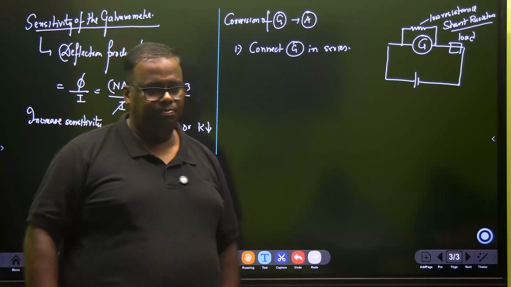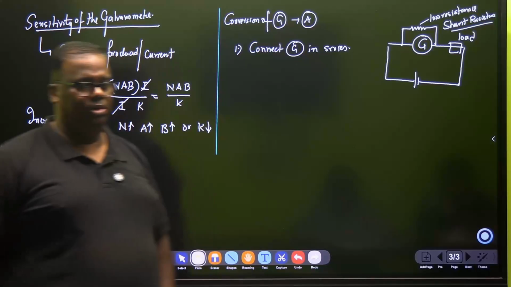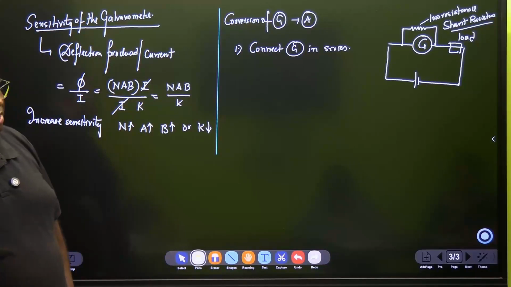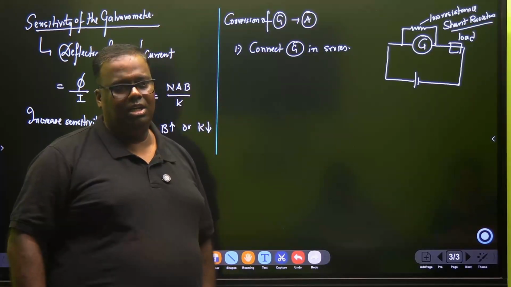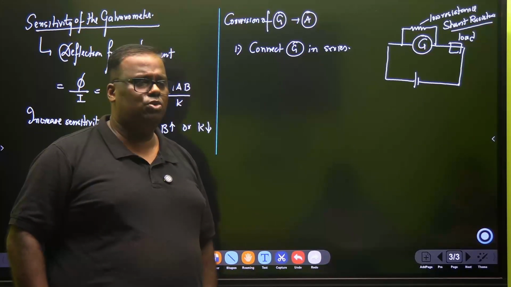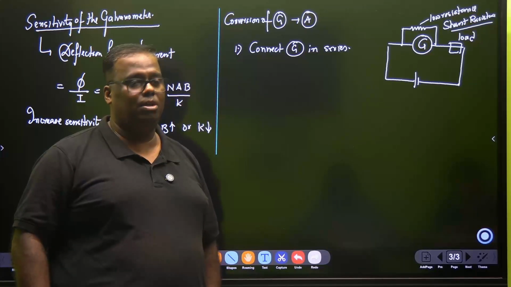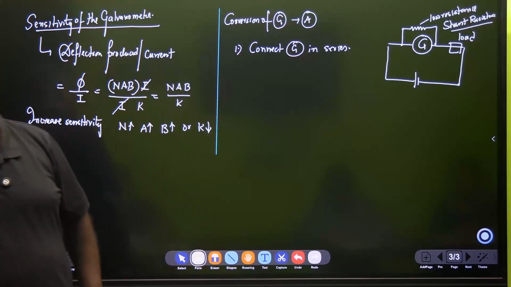Now listen. Here you have to understand two things and write them on your own. Now children, I have an ammeter. With my ammeter, I can measure any current. Do you agree? Because an ammeter is supposed to measure current. Today I don't have an ammeter, and so I brought a galvanometer. But there is one problem with a galvanometer.